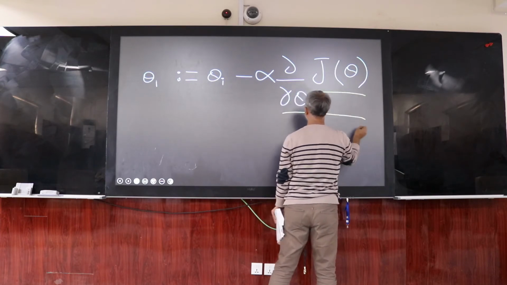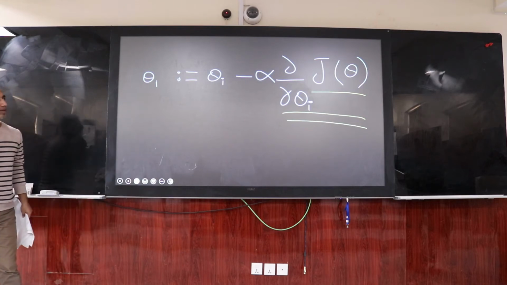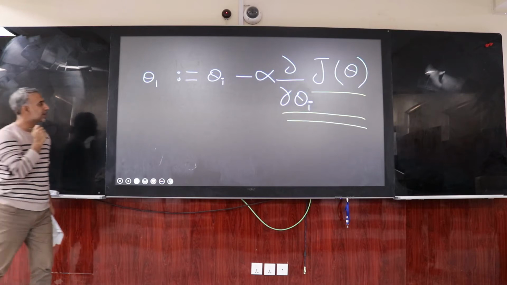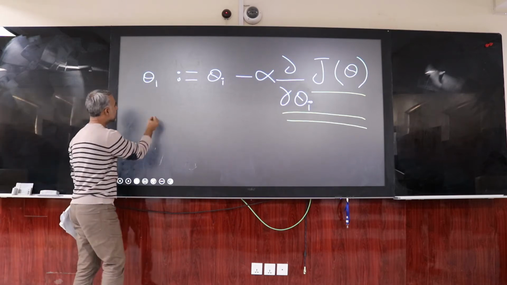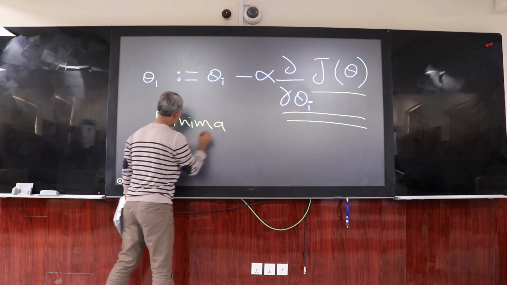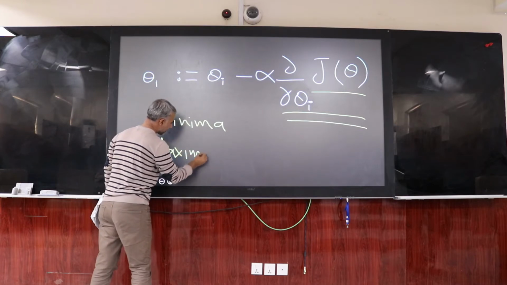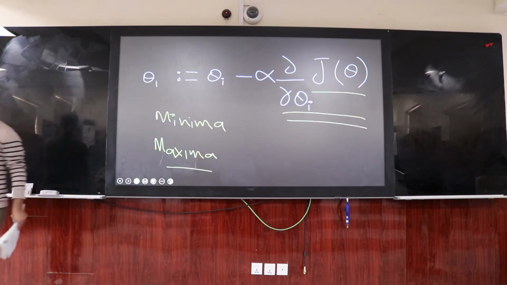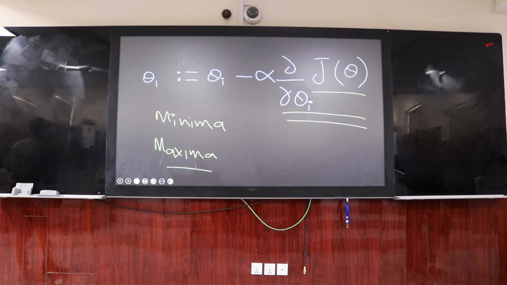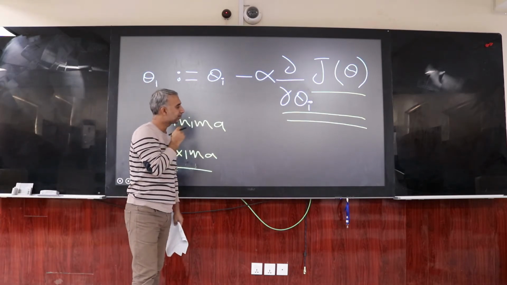If you studied basic mathematics in your intermediate level study, you know the concept of minima and maxima. There are two things, global minimum and global maximum. So global minimum is this.